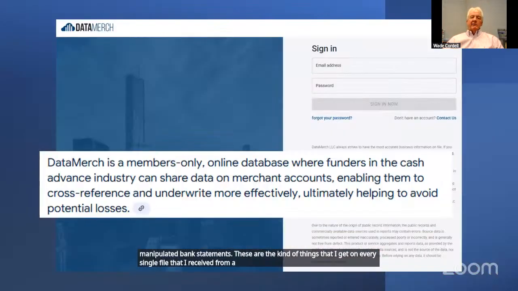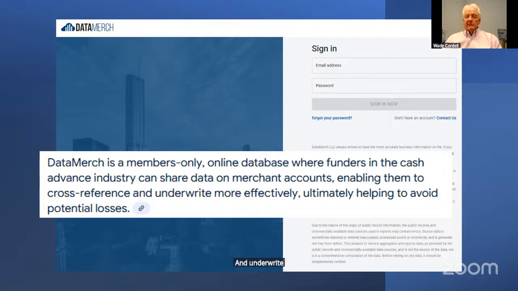But let me tell you what Data Merch is. Data Merch is a members only online database where funders in the cash advance industry can share data on merchant accounts, enabling them to cross-reference and underwrite more effectively, ultimately helping to avoid potential losses.